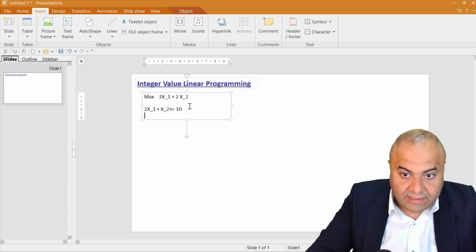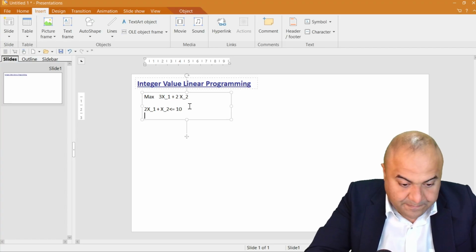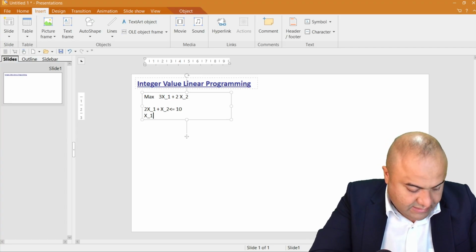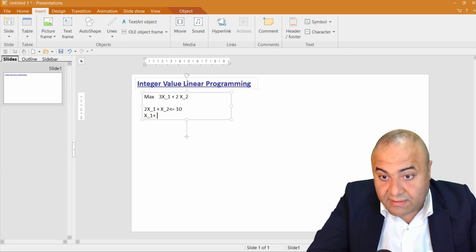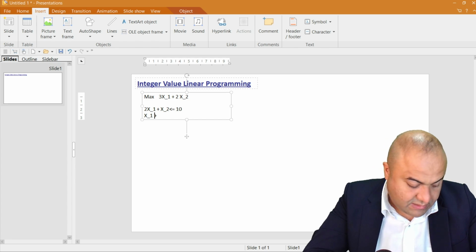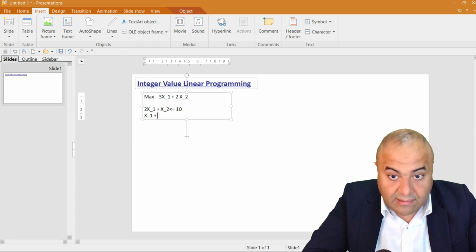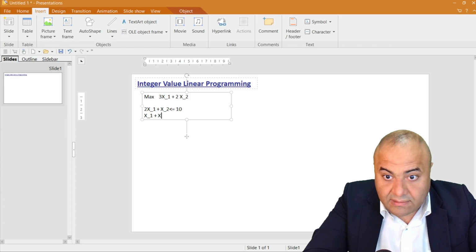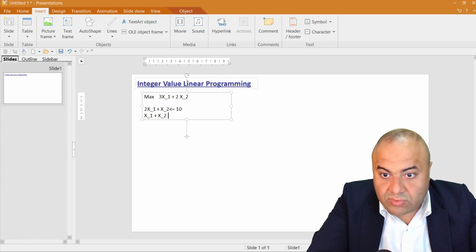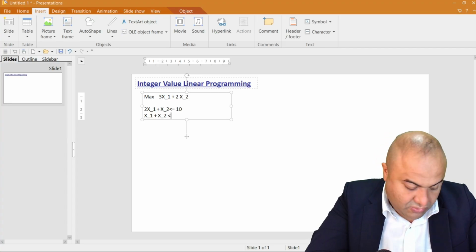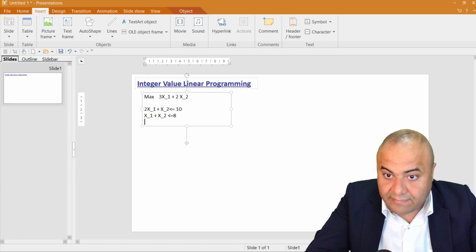So we have these linear equations that can describe some kind of constraint. So x1 plus x2 less than or equal to 8.